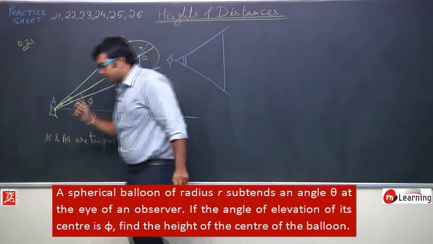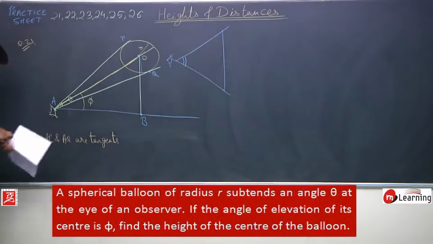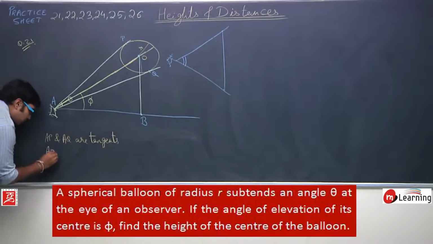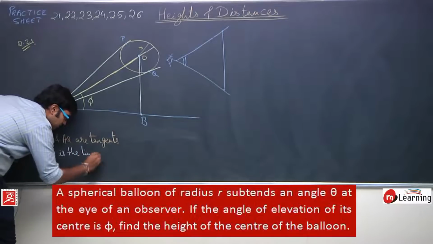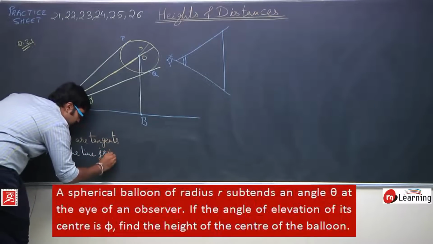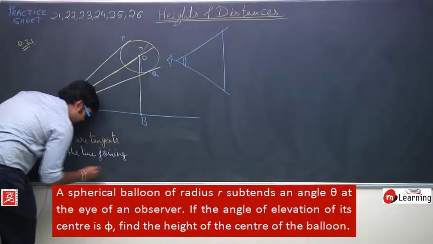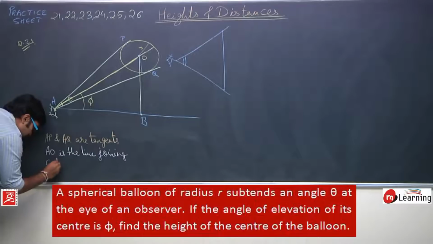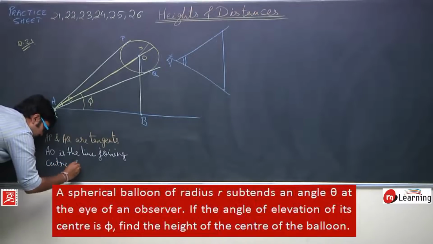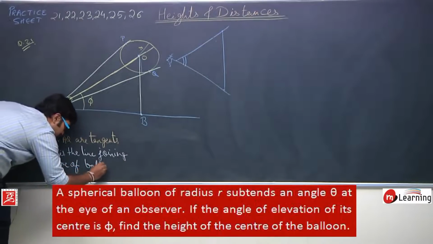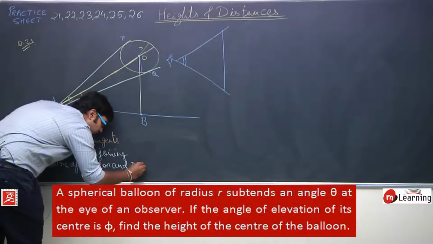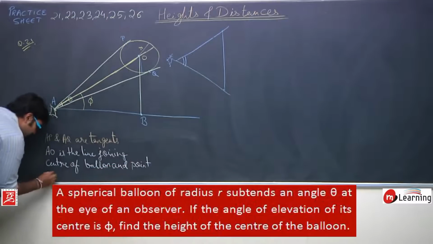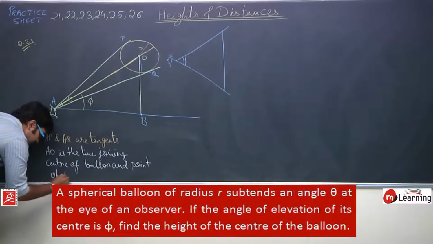AO is the line joining the center of the balloon and the point of observation.